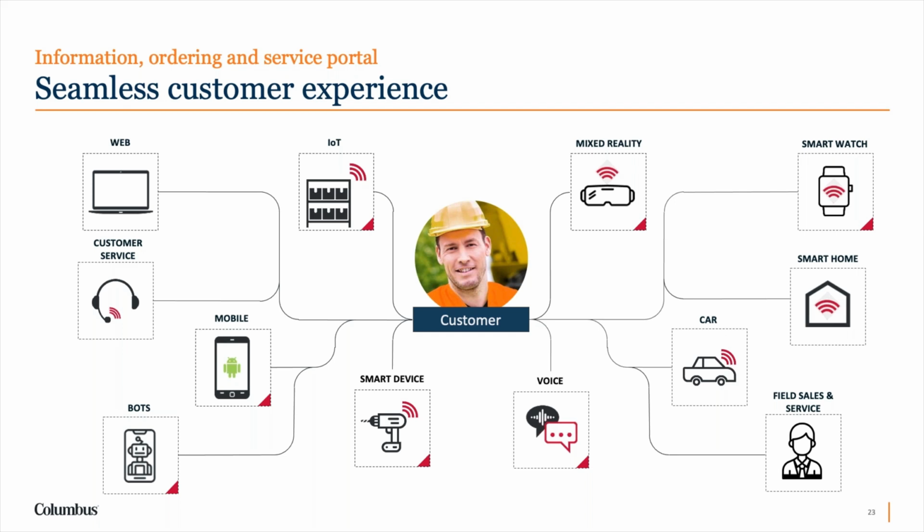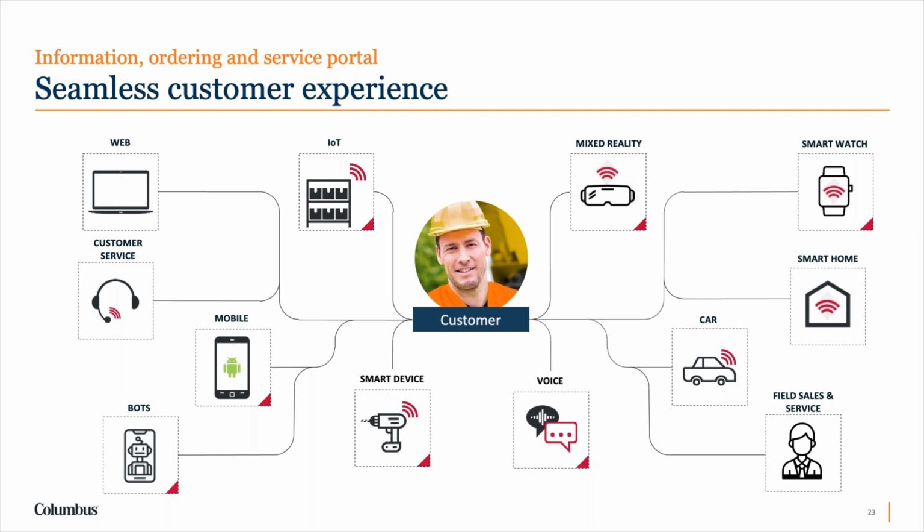And every touch point is its own part of the puzzle, providing its own data, its own interaction, its own processes, but they all work together on the same set of rules and services and functions and data that is provided on the customer portal.